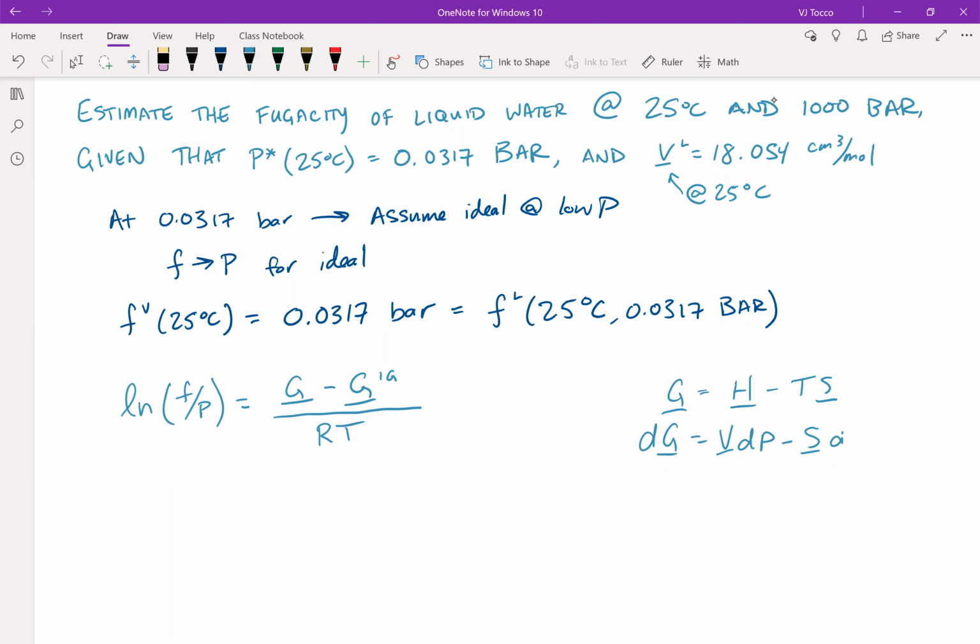I'm just trying to draw an analogy to what we're doing here. Before, we would write our fundamental property relationship for the thermodynamic property of interest. Then we would calculate the change in that property with respect to certain independent variables. Same thing that we did before. We're just starting with the definition of fugacity, and now I want to differentiate this to get the change in that property. So differentiating now.